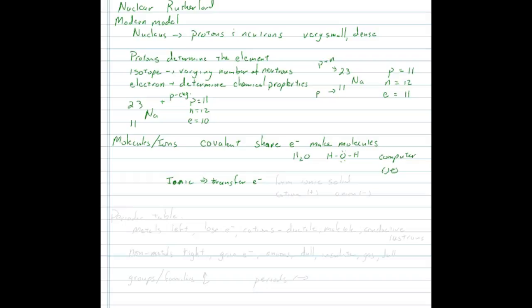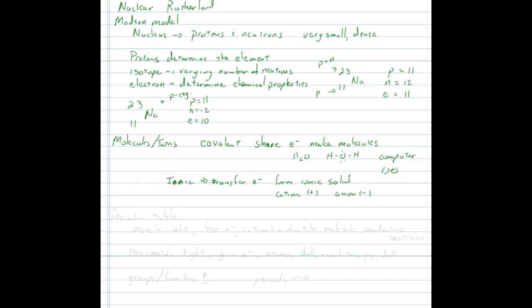You could have an ionic gas occasionally, but they transfer electrons as a rule, and you form a solid as a rule. The substance that gives off the electron becomes positive, and that's a cation. And the thing that gains electrons is the anion, which means it's negatively charged.